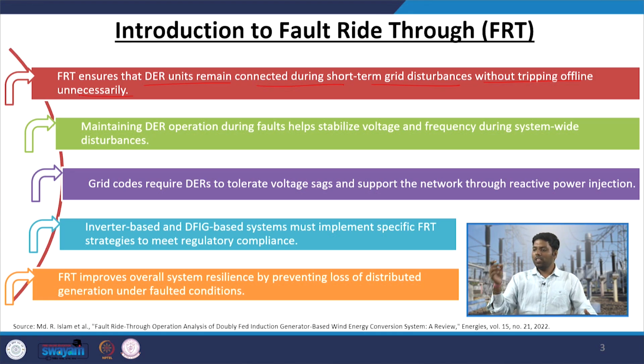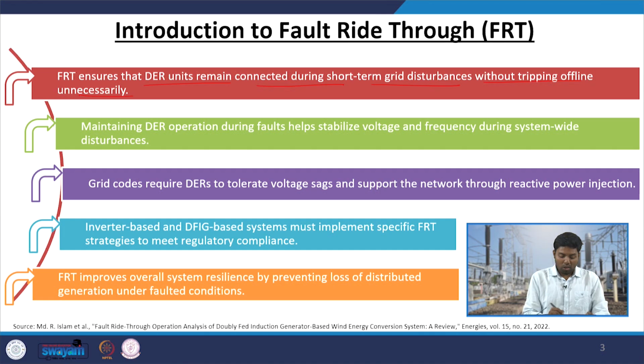So, if it is a very short transient fault that clears within a very short time period, let us say within one cycle, then unnecessarily disconnecting your DERs means you again have to make the effort to bring them back online.